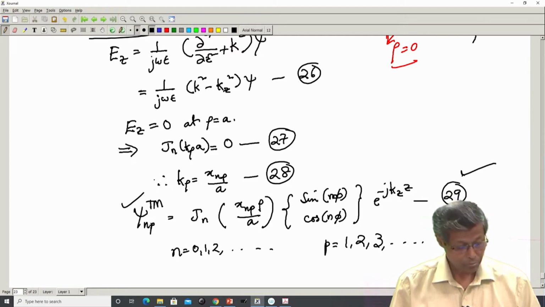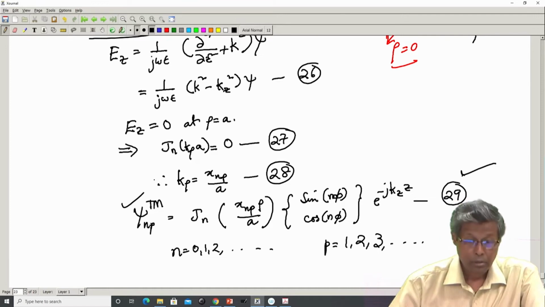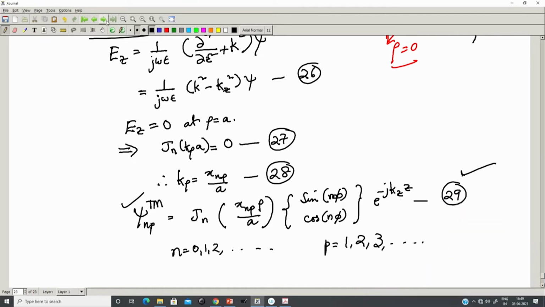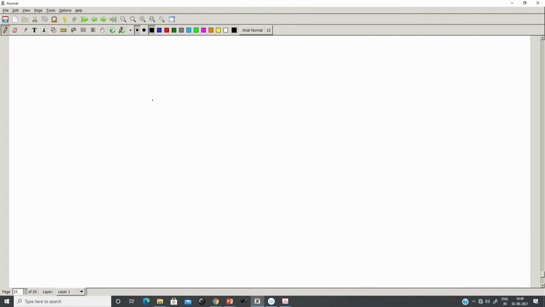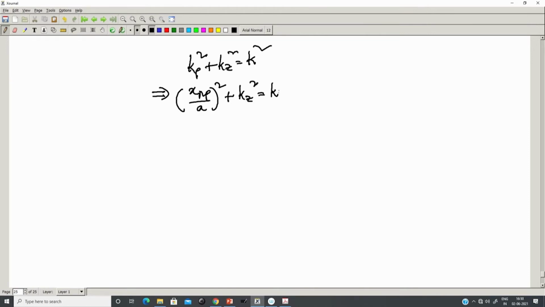Then the mode phase constant kz can be determined, because k rho square plus kz square is equal to k square, and we substitute instead of k rho x n p by a from equation number 28. So, because k rho square plus kz square equal to k square, this will imply x n p by a whole square plus kz square is equal to k square.